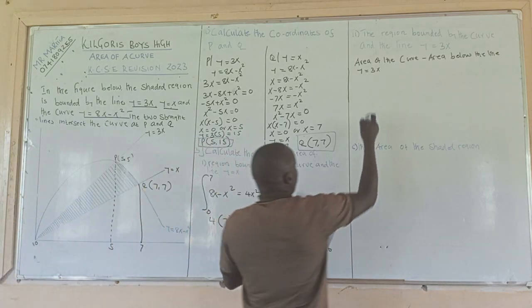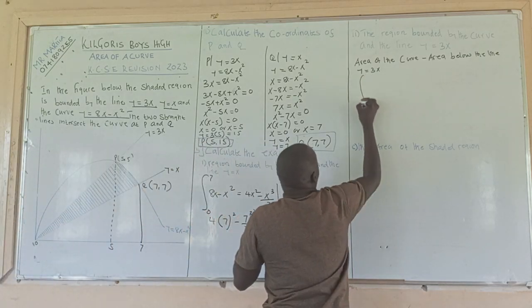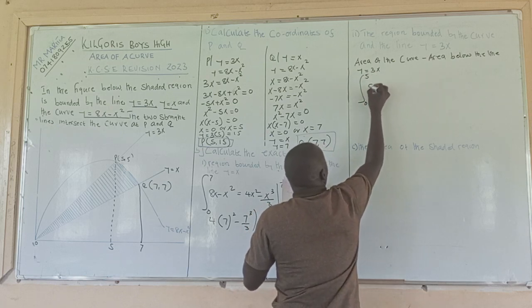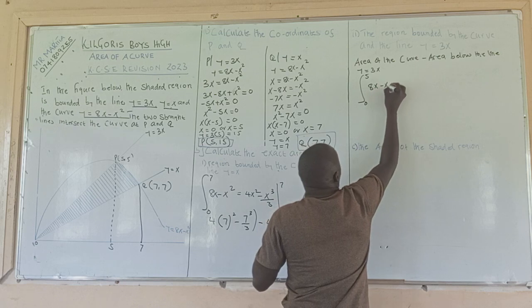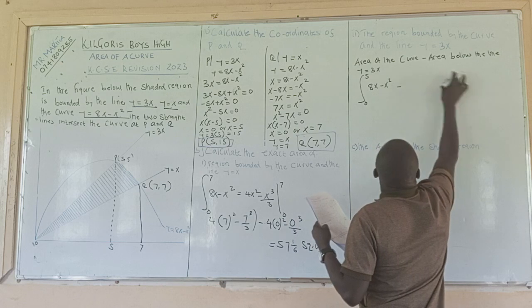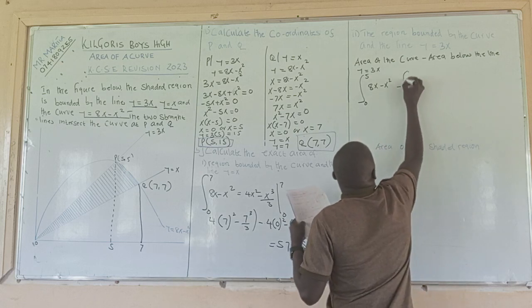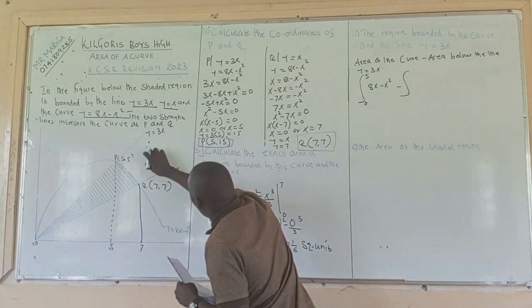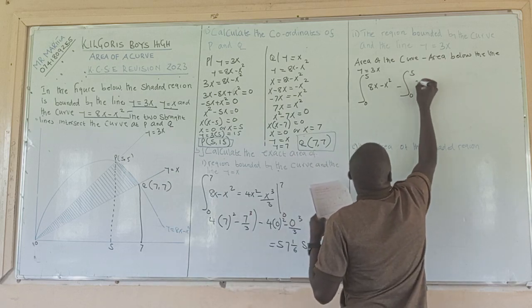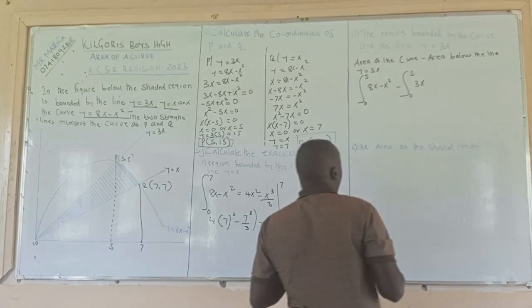So we have the area of the curve, which is 8x minus x squared, from 0 to 5. You subtract the area below the line, the integral from 0 to 5 of 3x.